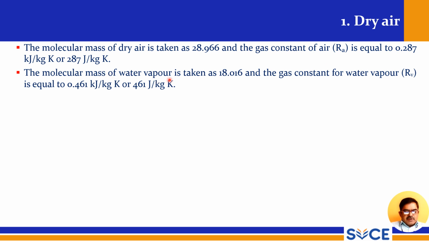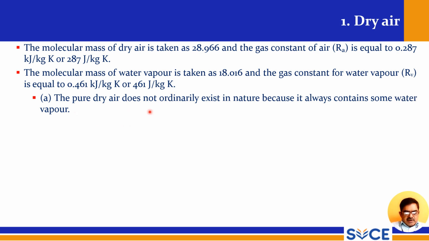The molecular mass of water vapor is taken as 18.016, and the gas constant for water vapor is Rv. So Ra is the gas constant of dry air, and Rv is for water vapor, and it is equal to 0.461 kilojoules per kg Kelvin, or 461 joules per kg Kelvin. So this is just converted into joules.